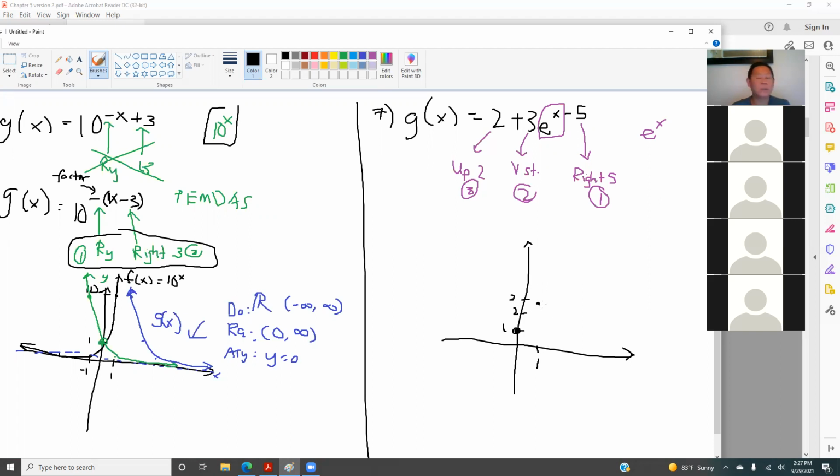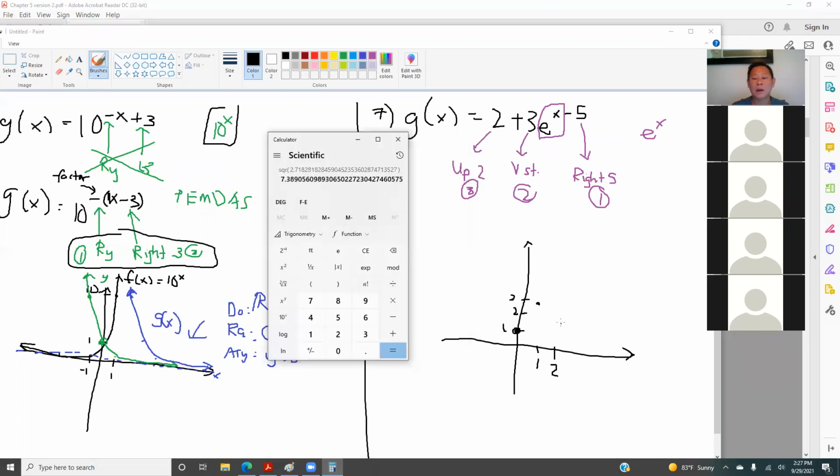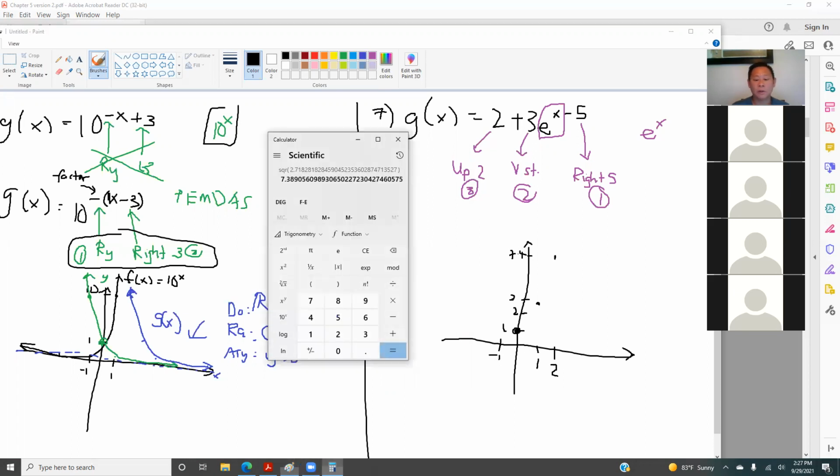If you want to figure out what is e^2, you just need to take out your calculator and do e squared. E squared is 7.38. So this one will be around 7 point something, 7.4. And if you want to figure out what is the -1, you just do e to the power of -1. Okay. Then you will get e to the power of -1.